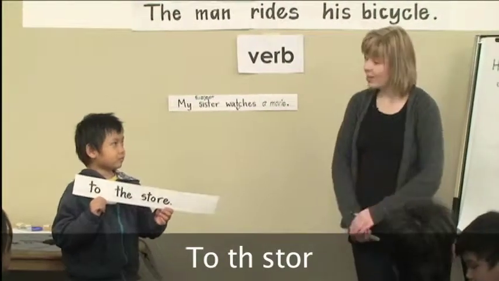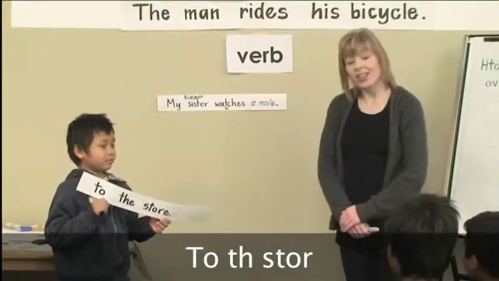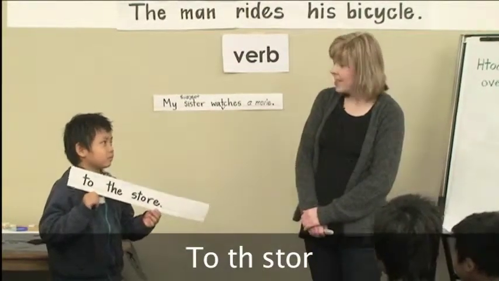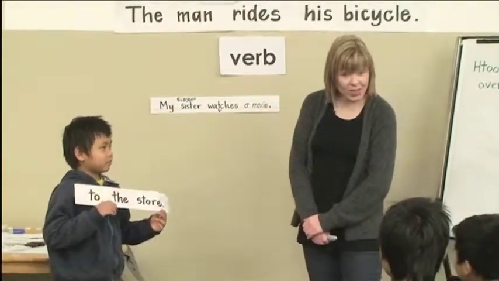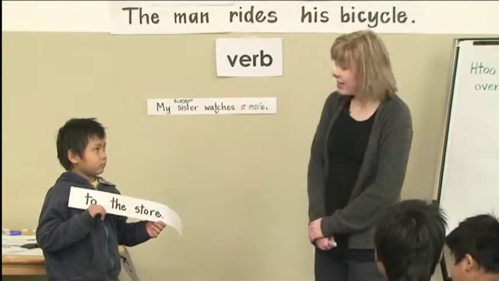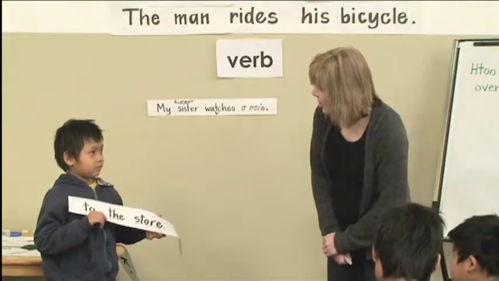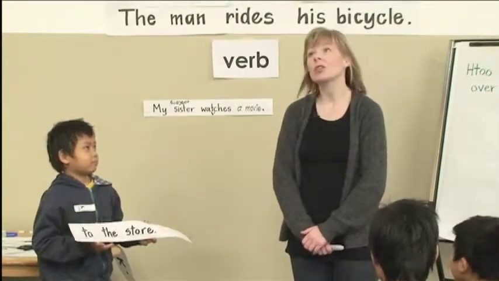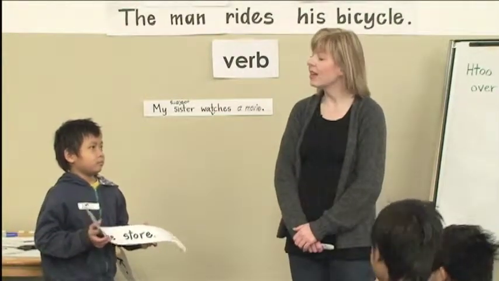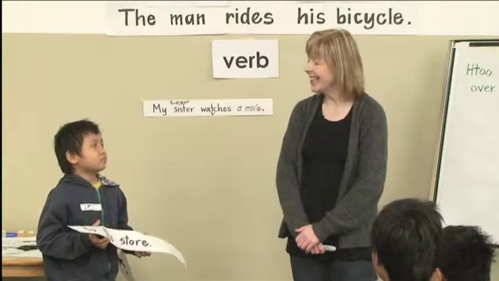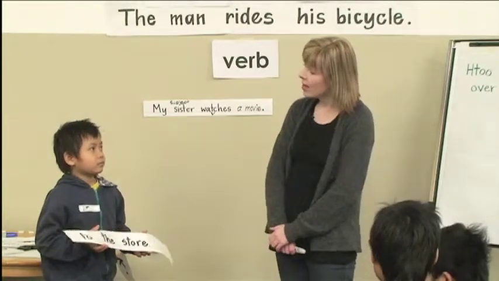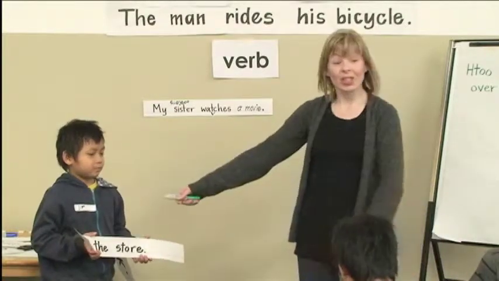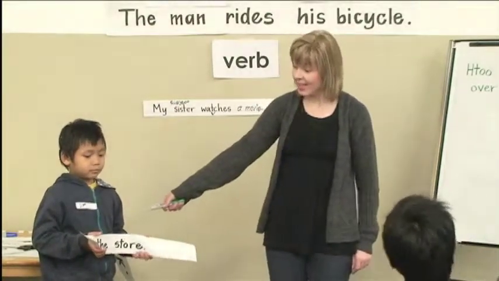Oh, Yasara is going to make a sentence for us. Lur is going to the store, or Lur goes to the store? How about Lur went to the store? Did you go to the store yesterday? No? How about on Monday? No? Did you go to the store last weekend? Yes, Lur went to the store last weekend.